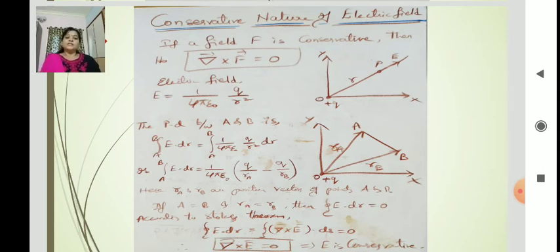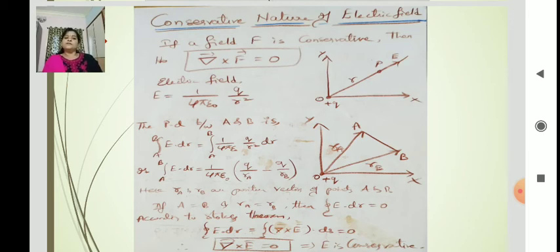So the potential difference between the two points is the integration of E dot dr, where the points are at distances RA and RB.